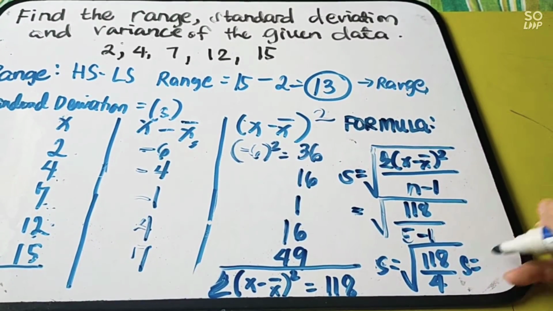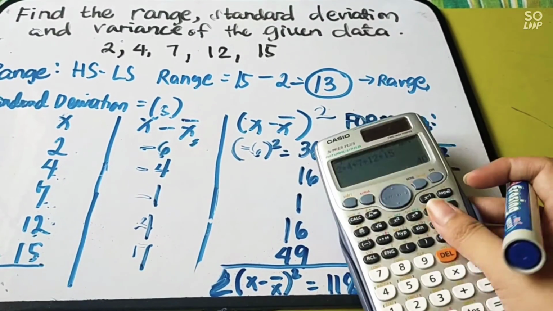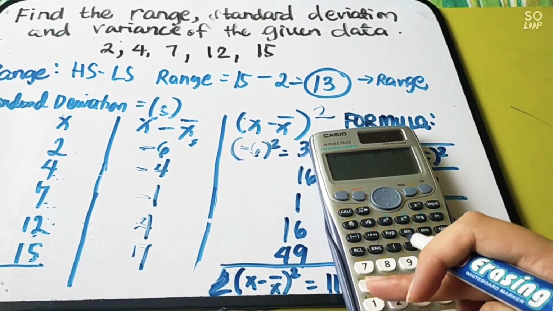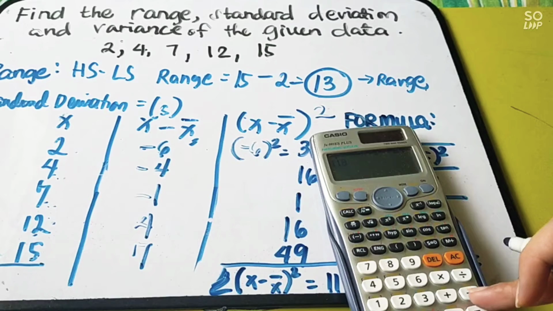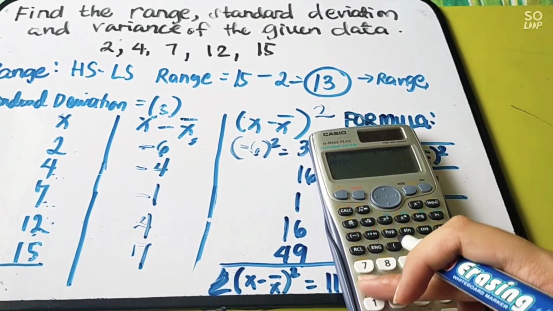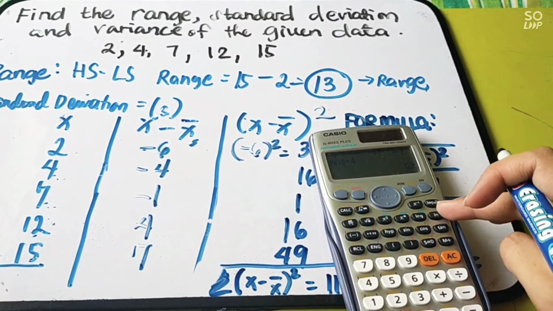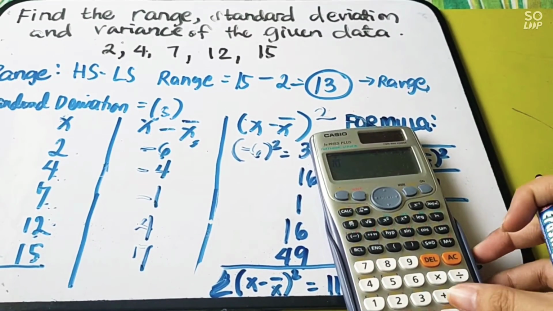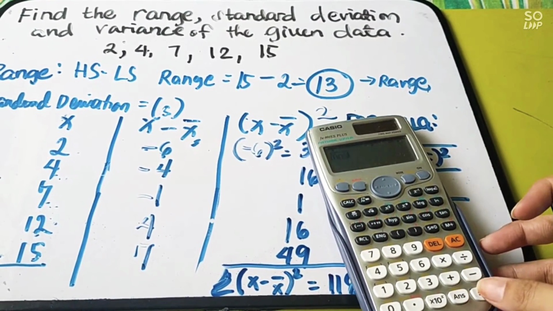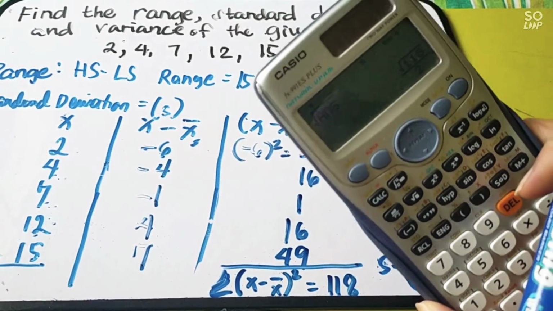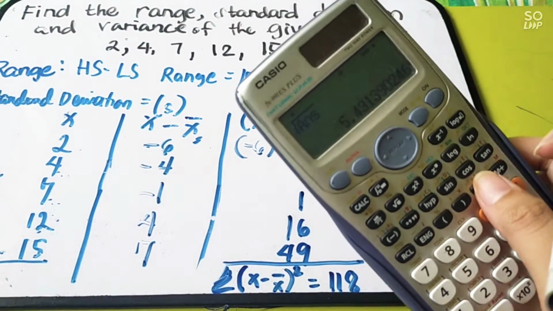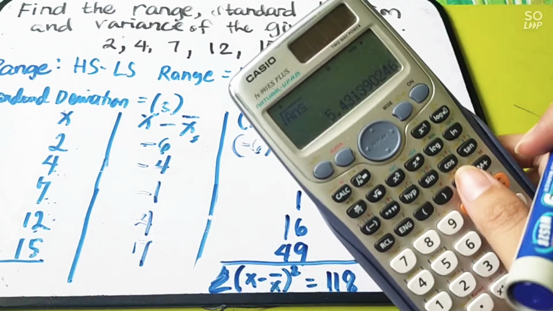So, s is equal to, let us compute. We have here 118 divided by 4. Ayan, lumabas. Then, square root lang natin. Square root of the answer. So, your answer here is 5.43.